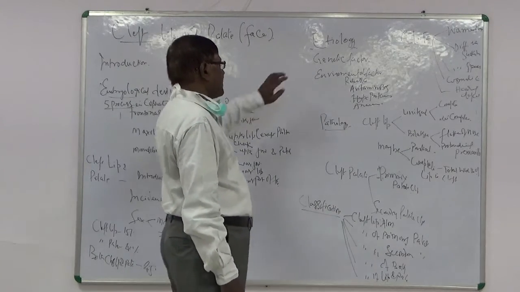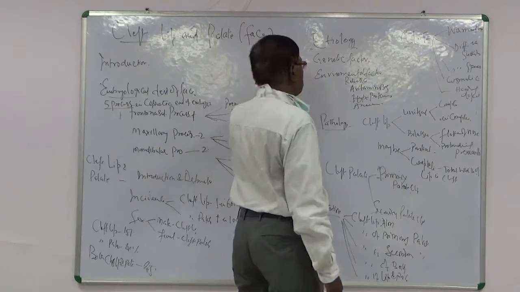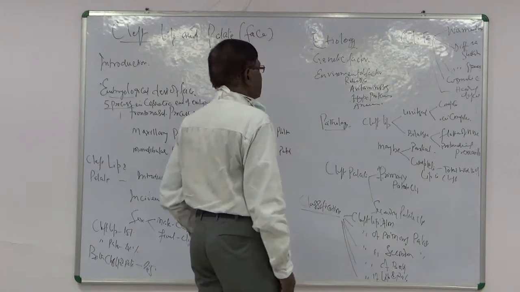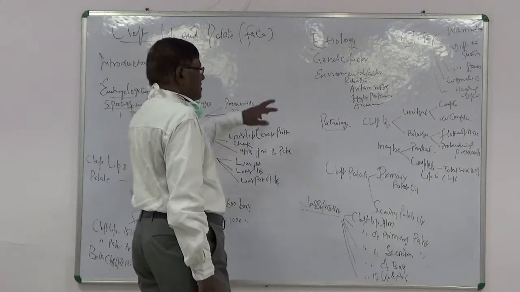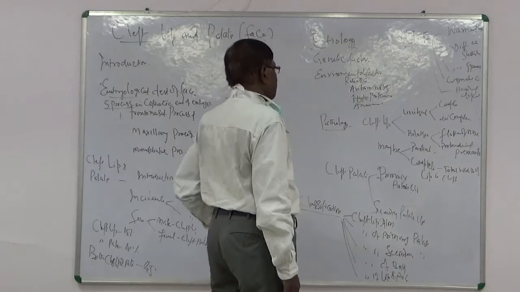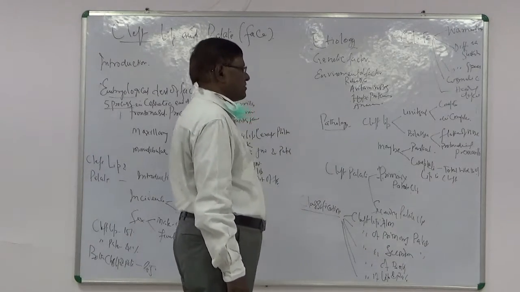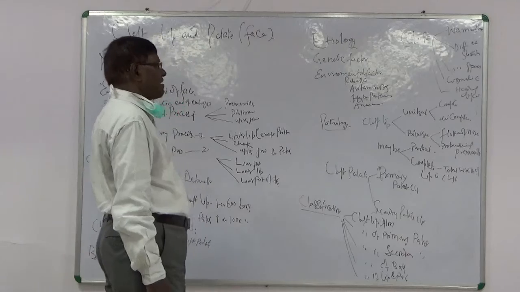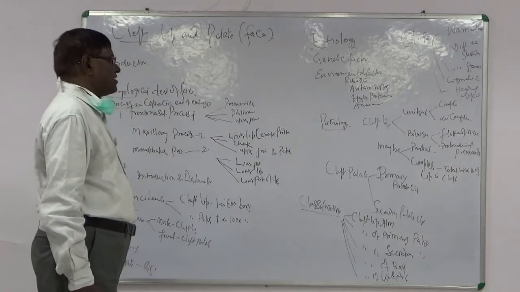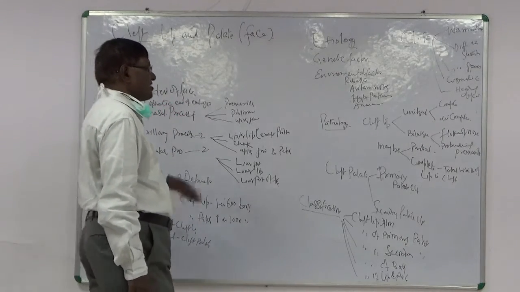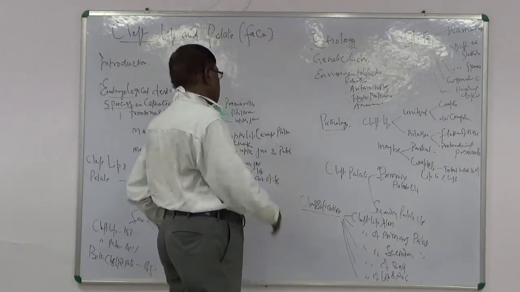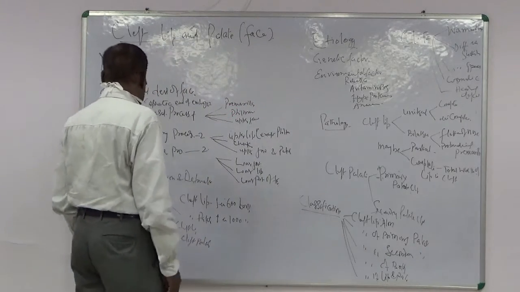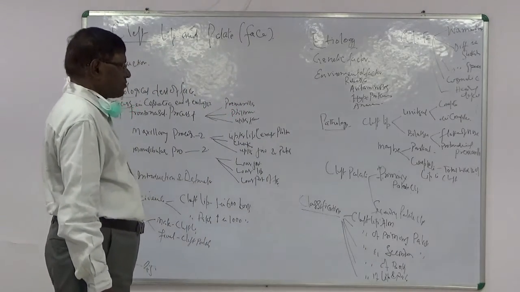Not only this, the genetic factor is also associated with so many congenital anomalies of the infant. The other factor is the environmental factors. Environmental factors consist of rubella infection in the first trimester, when the mother is pregnant and then rubella infection takes place. The baby can be born with this congenital anomaly, that is cleft lip and cleft palate.